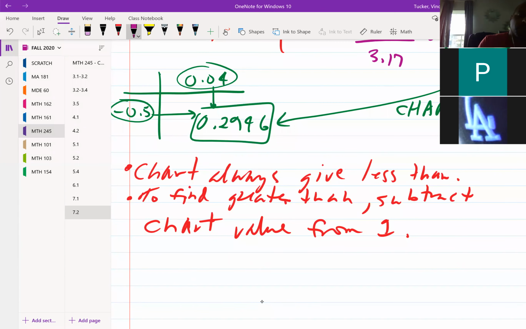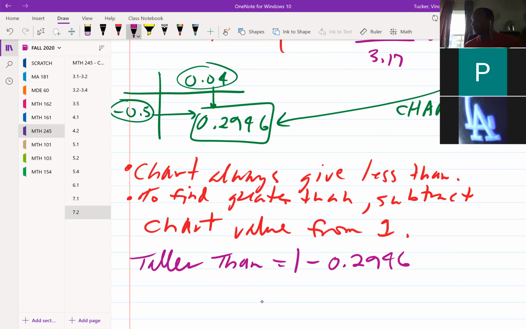All right. So once again, taller than is just another way of saying greater than. So we'll do 1 minus 0.2946, and that'll be 0.7054.